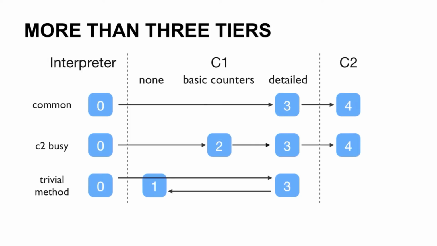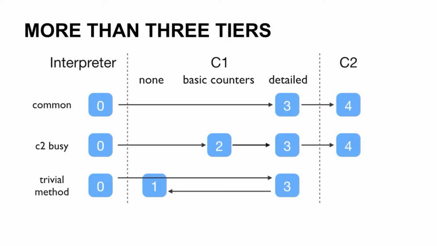For a trivial method, we start in the interpreter, and if it gets hot, it'll get compiled by C1. It could be Tier 2 or, as shown here, in Tier 3. And C1 realizes during the compilation that there's nothing here that C2 would be better than C1 at. So C1 decides it will take care of it itself and actually just recompiles the method at Tier 1, which is C1 with no overhead.